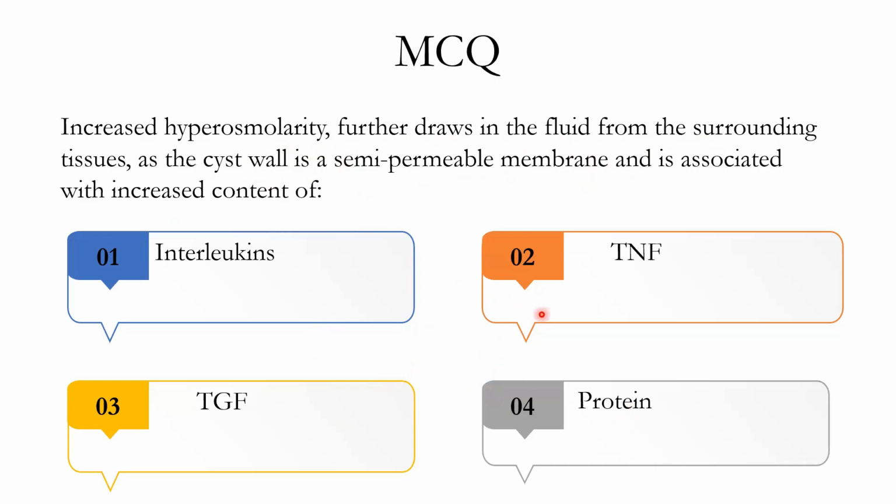Although these might be very tempting to select, especially tumor necrosis factor or TGF, you might think that these sound very important and maybe that is the answer. But although these are all indirectly responsible in the cyst etiopathogenesis, the hyperosmolarity itself is because of the protein content. So the answer is protein.